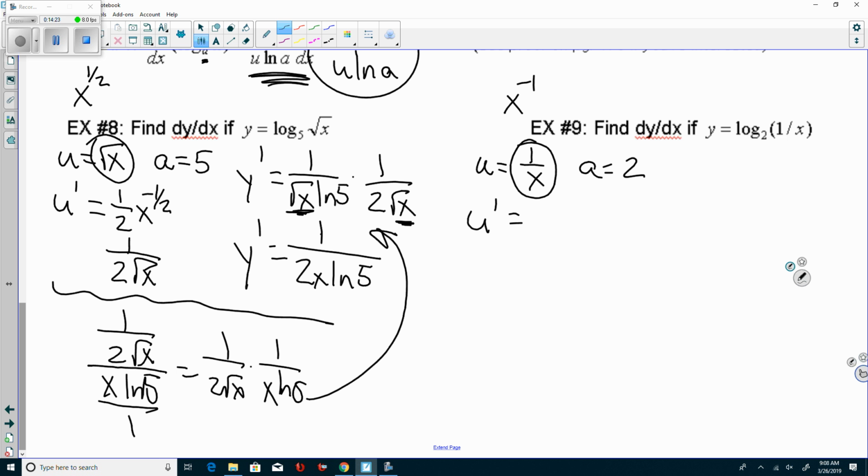And then x to the negative 1, remember you have negative x to the negative 2, which is the same as negative 1 over x squared. So we go to it. We have the u prime, which is negative 1 over x squared, all over your u, which is 1 over x ln 2.